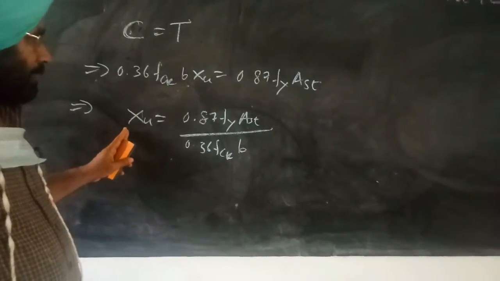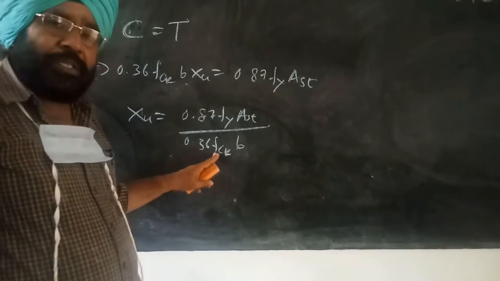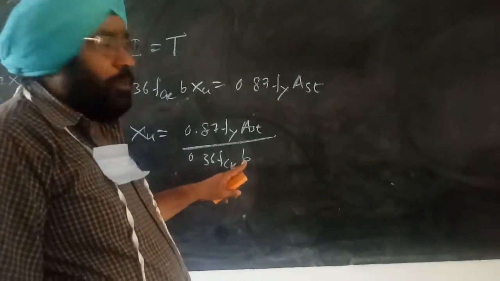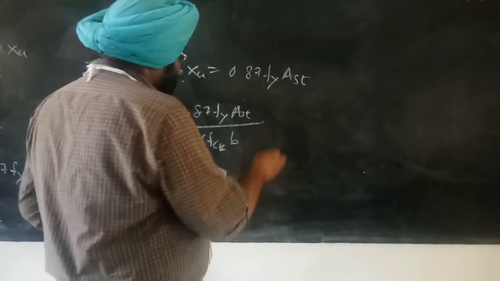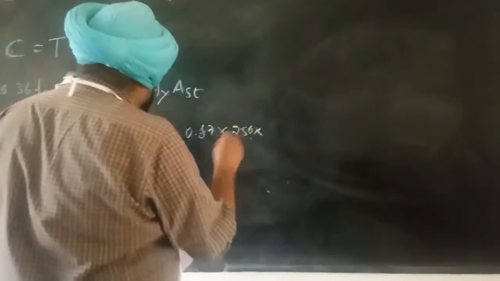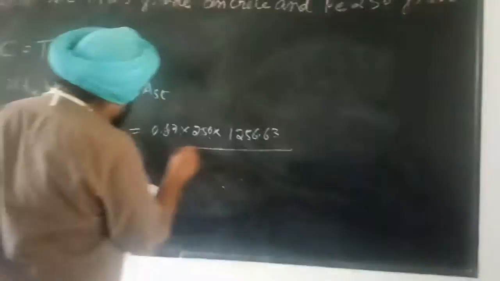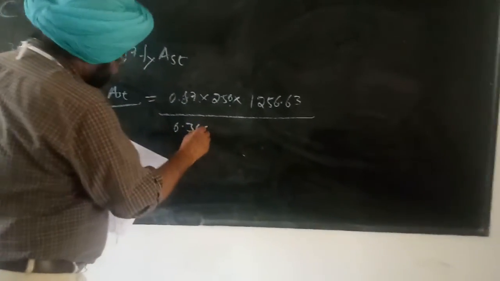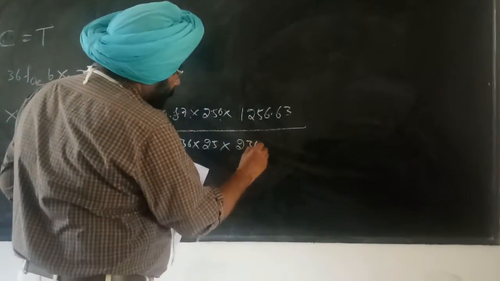Here xu is the depth of the neutral axis, Fy is the yield stress of steel, Ast is the cross section area of the steel in tension, fck is the characteristic compressive strength of concrete, and b is the width of the beam section. Putting all these values in this equation, we get 0.87 into 250 for mild steel, into the value of Ast 1256.63, upon 0.36 into fck 25 into the width of the beam section 230.